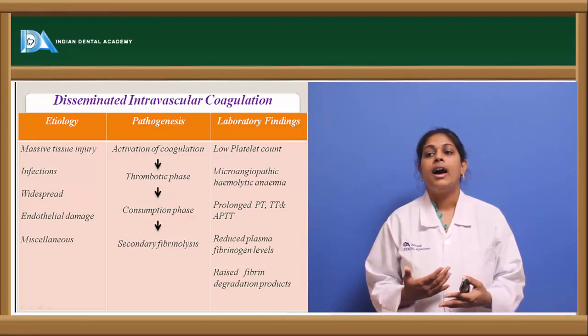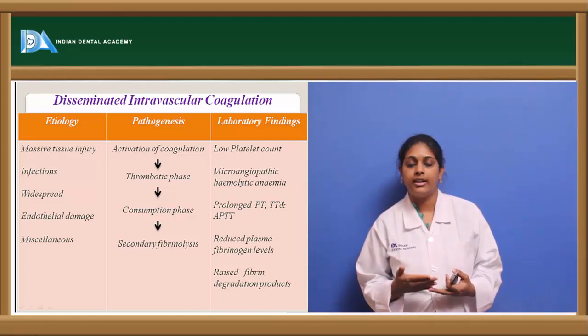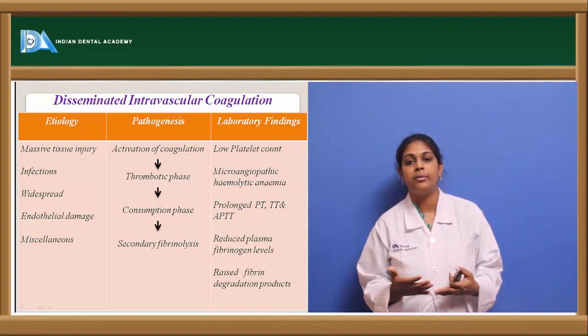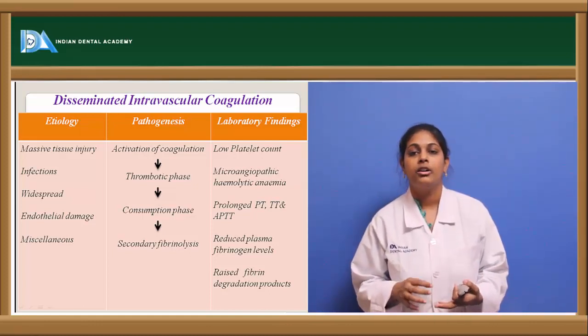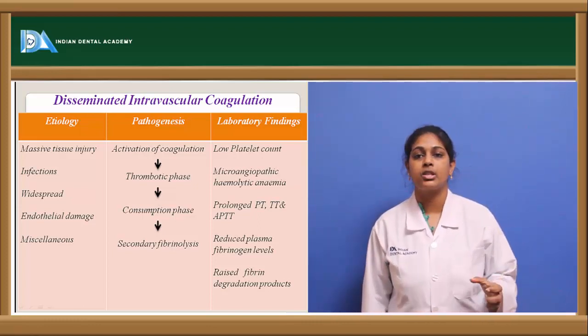This results in secondary fibrinolysis, that is the fibrin which is formed is being digested or degraded. So this is the pathogenesis for disseminated intravascular coagulation.